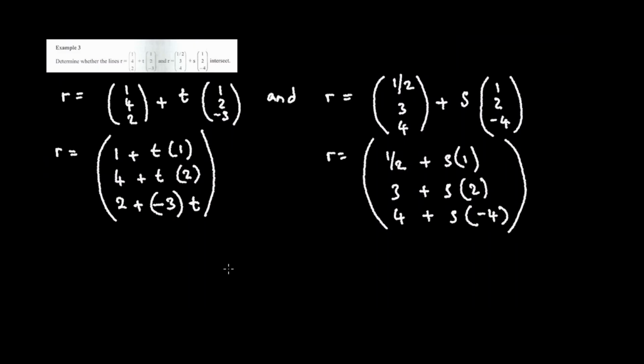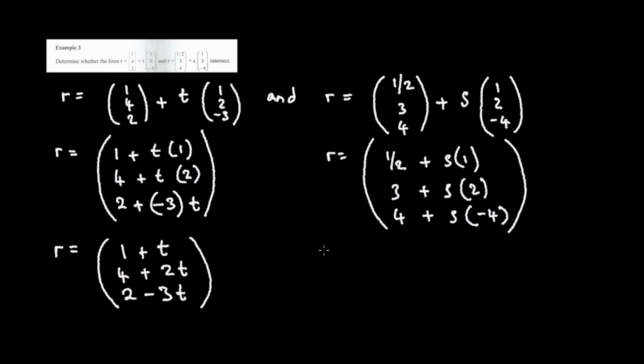Like this. So what is done here means r is equal to 1 plus t, 4 plus 2t, then 2 minus 3t. And also r is equal to half plus s, 3 plus 2s, then 4 minus 4s.